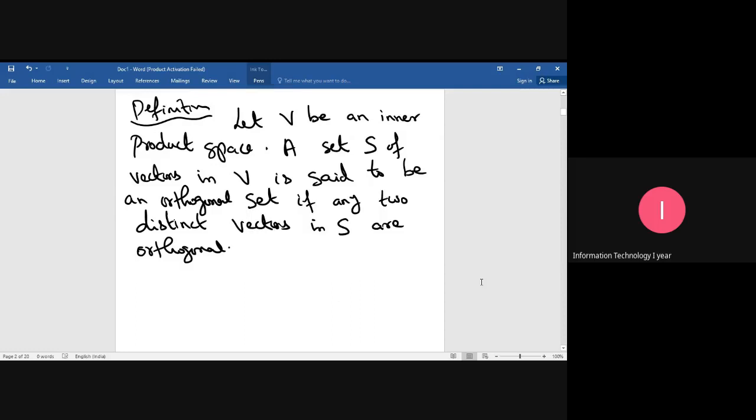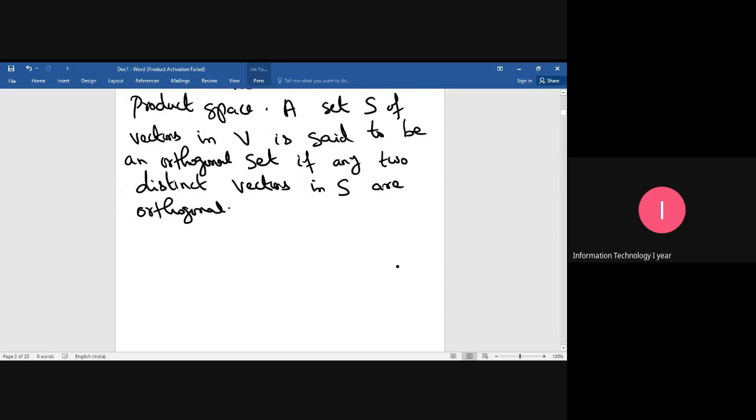So the set is said to be an orthogonal set if from the set you take any two vectors, they should be orthogonal, that is, inner product of x comma y equal to 0. If any two vectors from the set satisfy this, we can say that the set is an orthogonal set. Another definition.